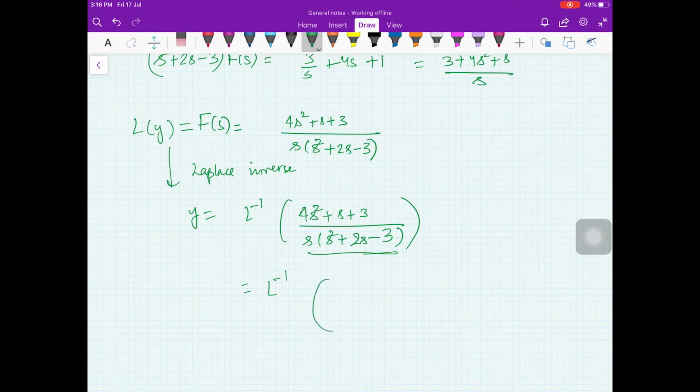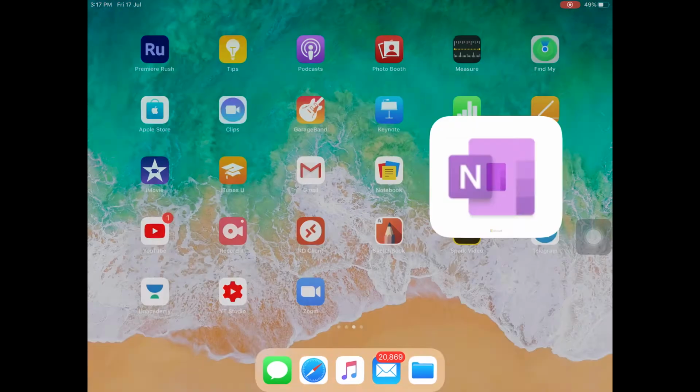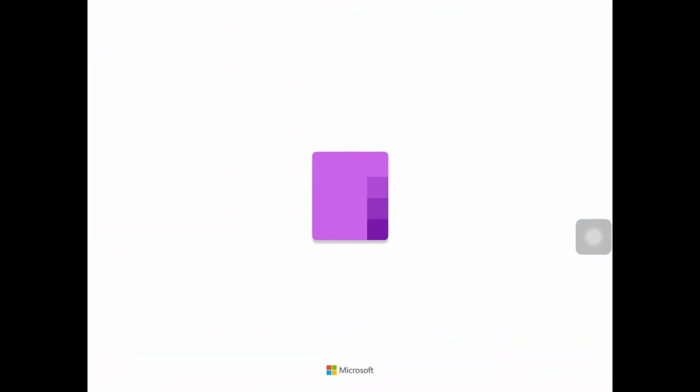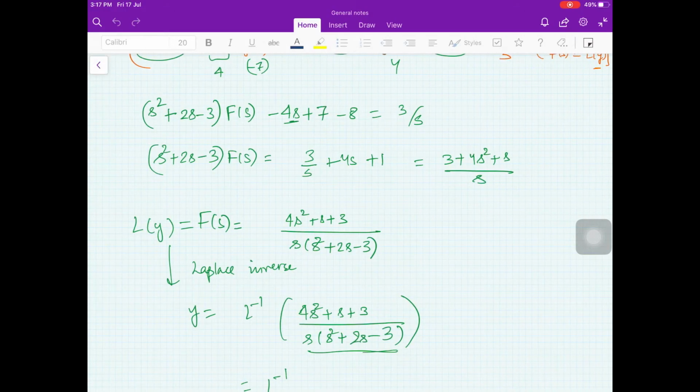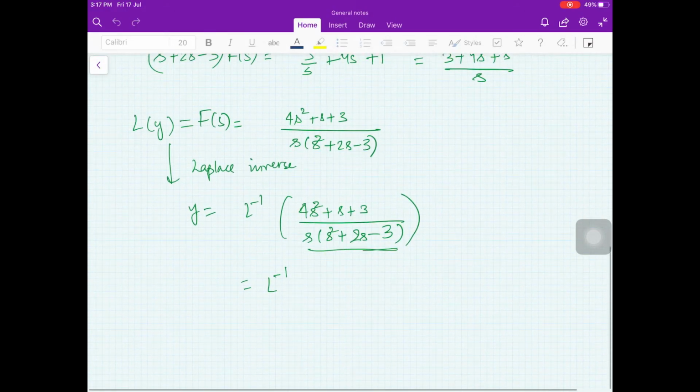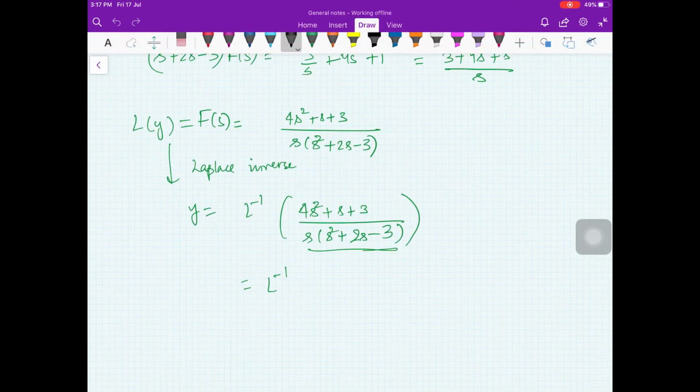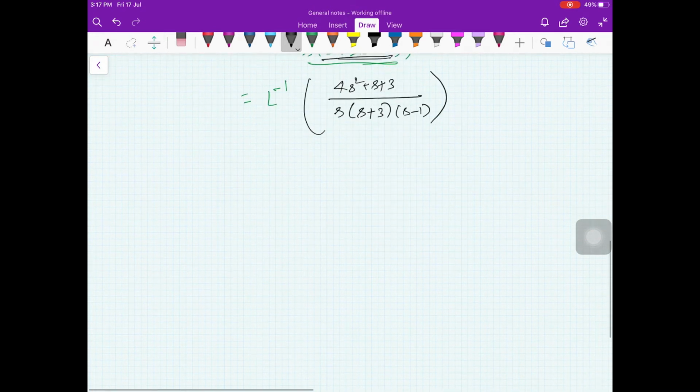I can write it as L inverse of 4s square plus s plus 3 divided by s into (s plus 3) into (s minus 1), after factorizing the quadratic.